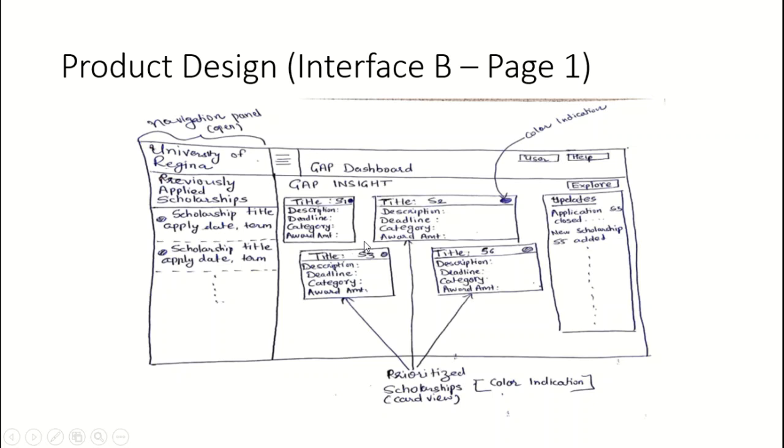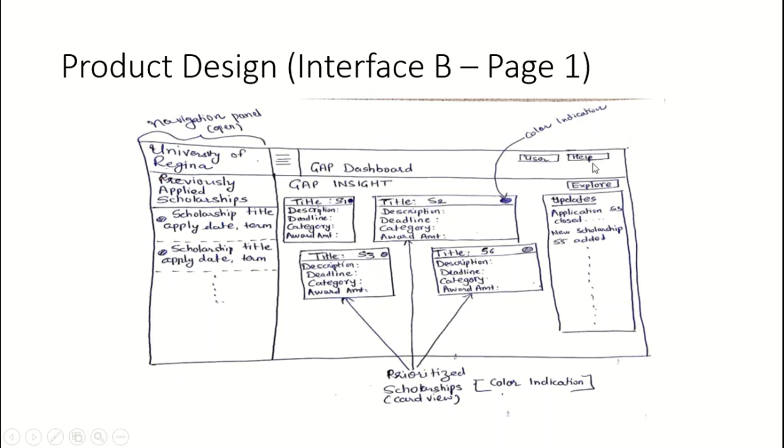Based on this information, user can simply click on that tile and then have quick access to apply for that award. Same way we have the navigation panel, and here also user has quick access to previously applied scholarship. Each interface or each page has access to the user's profile, so at any time user is allowed to change his profile.